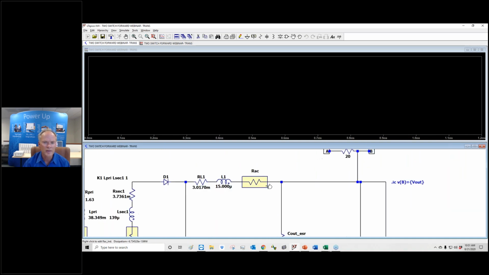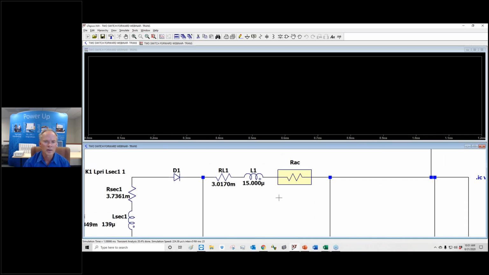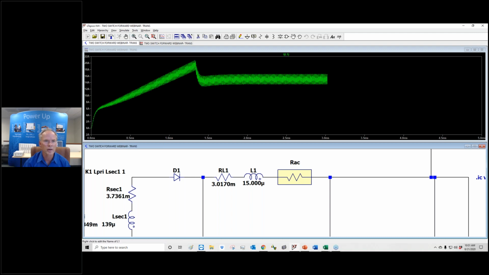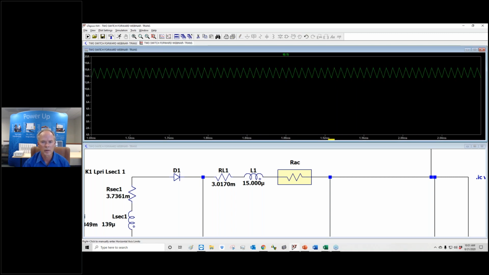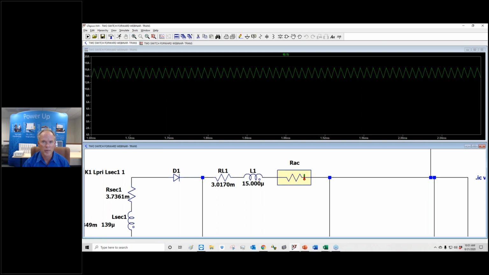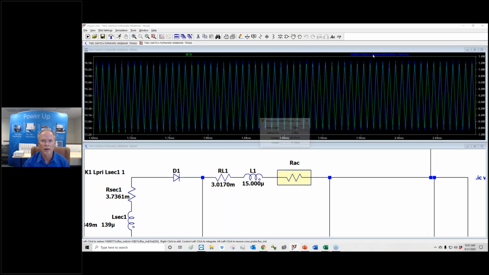And we're going to see that this inductor is... let me look at my current. It's right there. Stop. And now I will zoom in on the current, and I will look at the AC power right here.